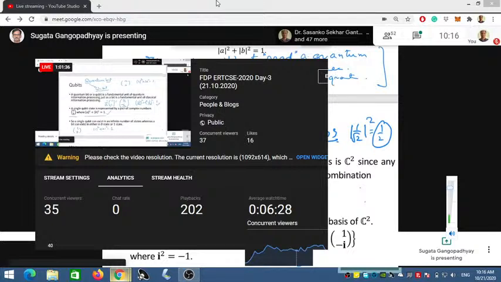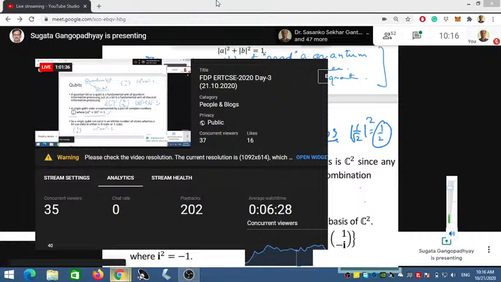So I have to write 1 0 as a times 1 by square root of 2 (1 1) plus b by square root of 2 (1 -1), so it is going to be a by square root of 2 plus b by square root of 2, and a by square root of 2 minus b by square root of 2.